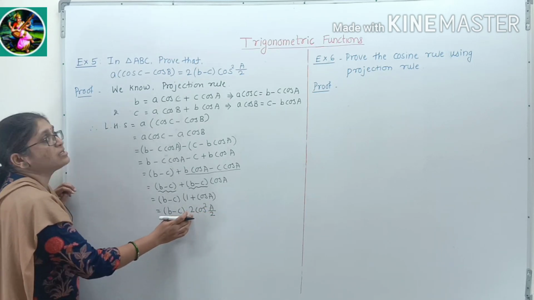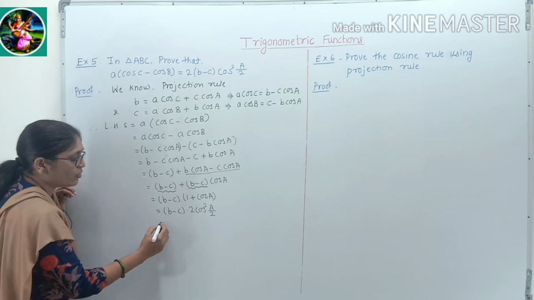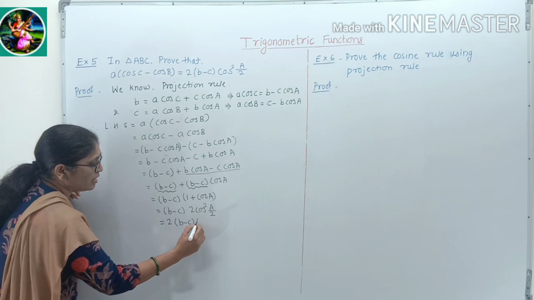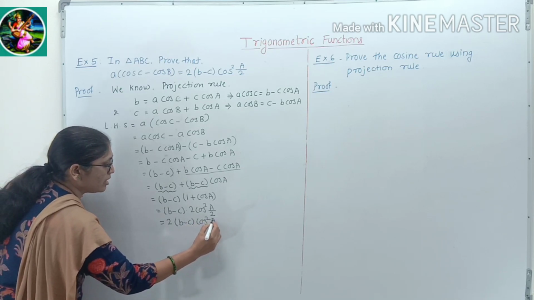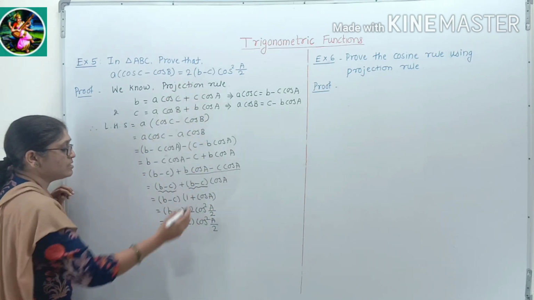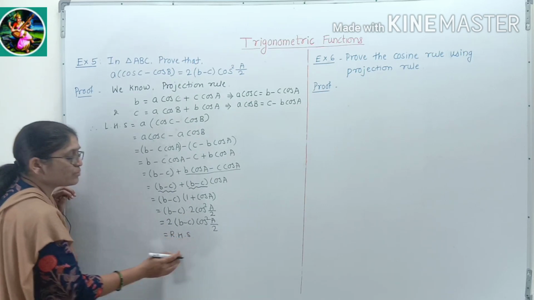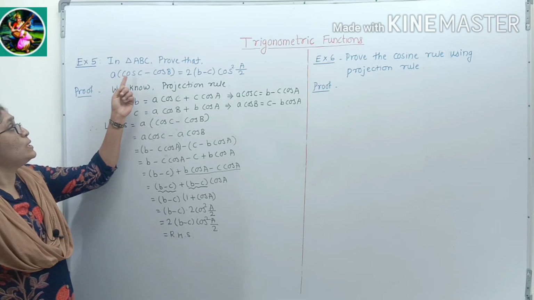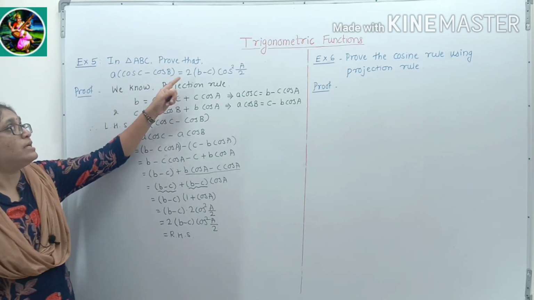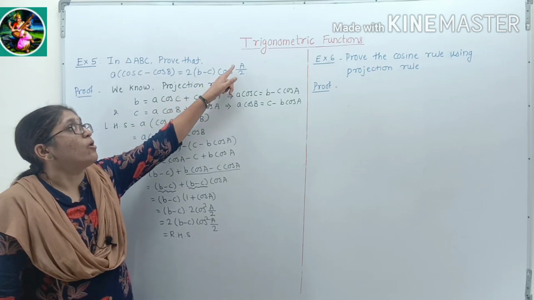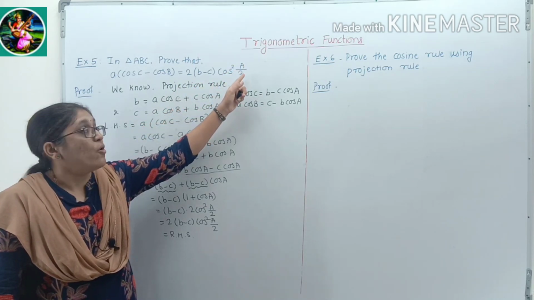This 2 is a scalar multiple. Therefore we write 2 (b − c) cos² (A/2), and that is our right hand side. Hence we proved that a (cos C − cos B) is equal to 2 (b − c) cos² (A/2).